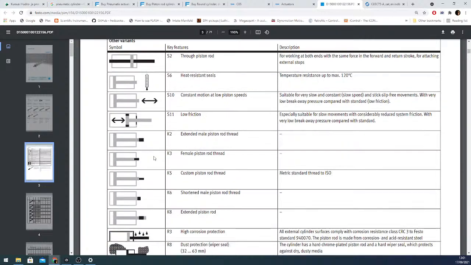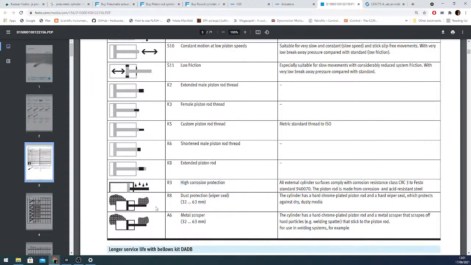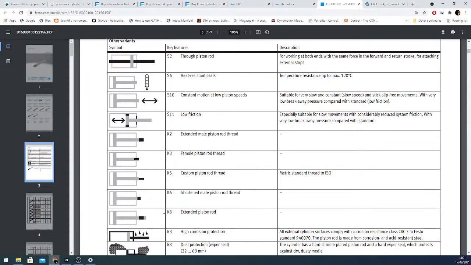What else do we see? There are different features about environment, frictions, the piston rods, corrosion protection, whatever. These are the specifics. The specifics usually should be discussed with the sales representative.